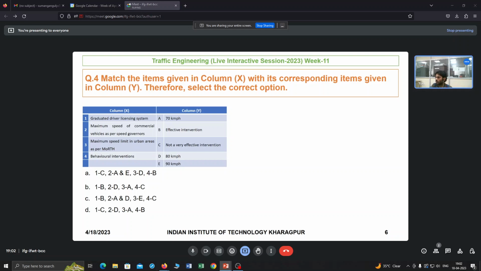So the next question is: match the items given in column X with their corresponding items given in column Y. The first statement in column X is graduated driver licensing systems. Do you know what is meant by graduated driver licensing systems?